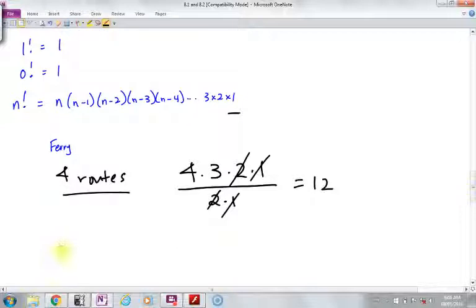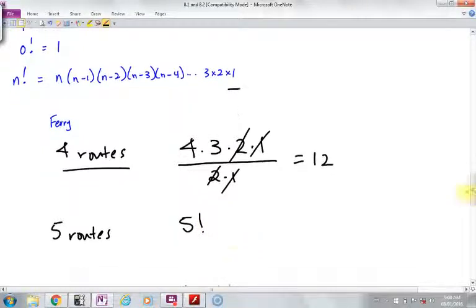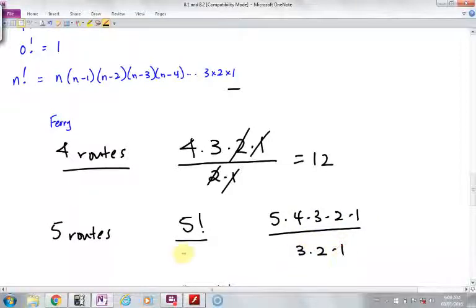So if I had 5 roots, I could do 5 factorial, which is 5 times 4 times 3 times 2 times 1. And then what would I want to divide by? Because I need to divide by 3 times 2 times 1, and that is 3 factorial.